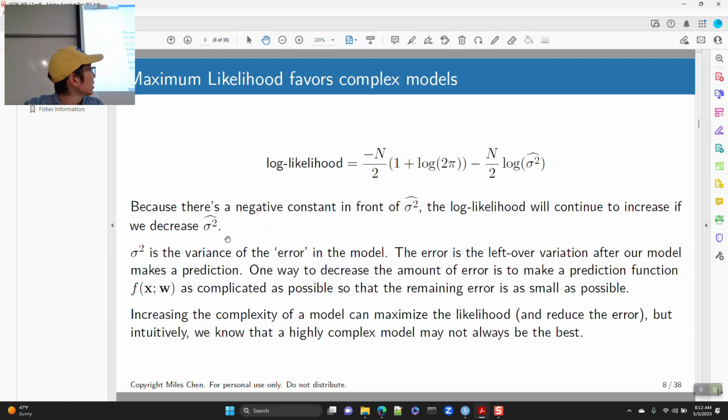If you think of sigma squared as the variance of the error in the model, the error is your leftover variation after we make a prediction.